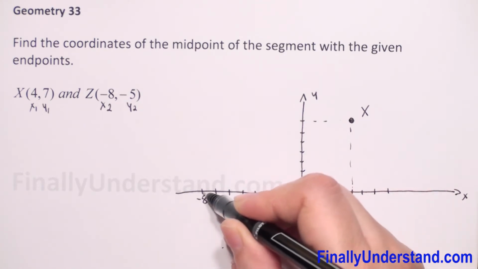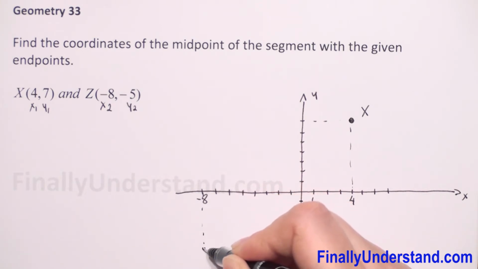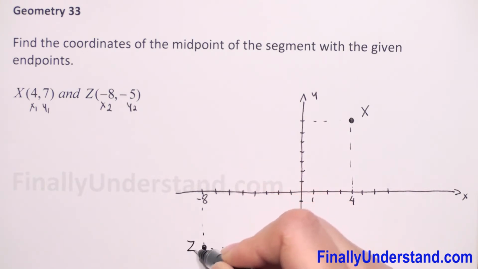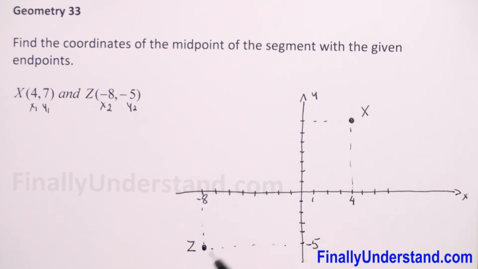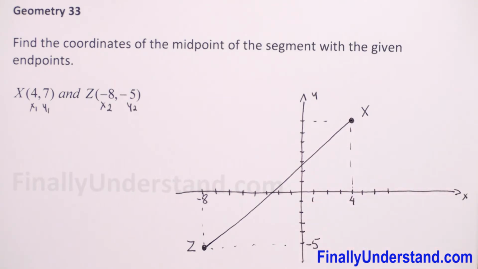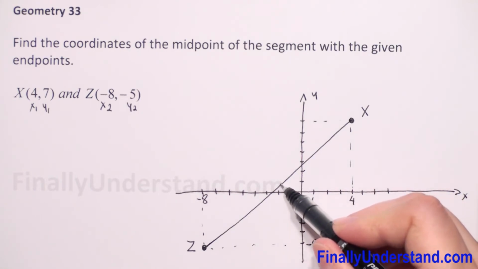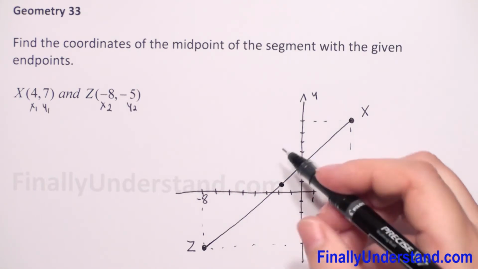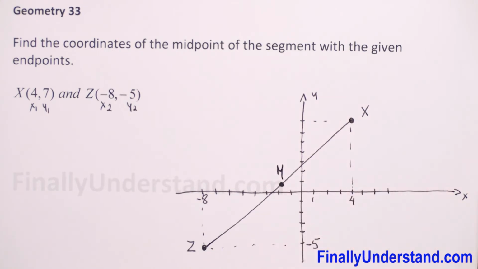This is our Z. We need to find the midpoint, the coordinates of a midpoint. It's approximately here, this is our M.